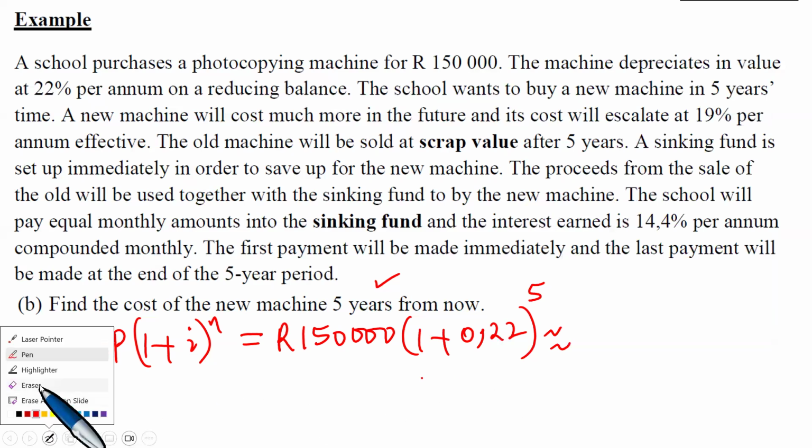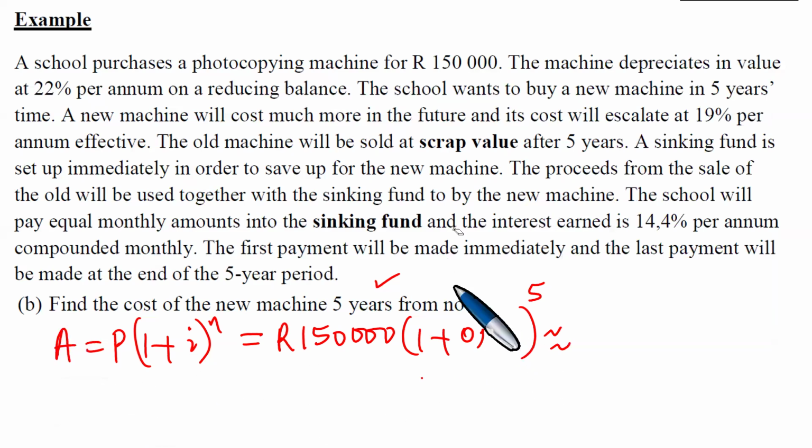Take note of the fact that a new machine will cost much more in the future, and it will escalate at 19%. So you take the 19%, 19 divided by 100, so that it is 0.19.